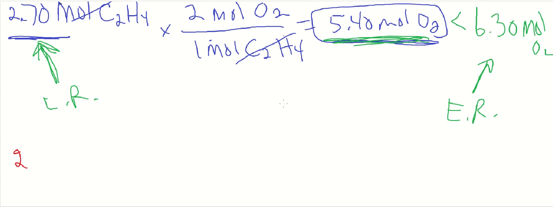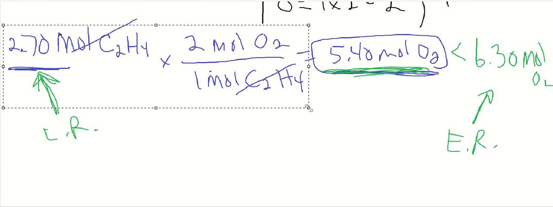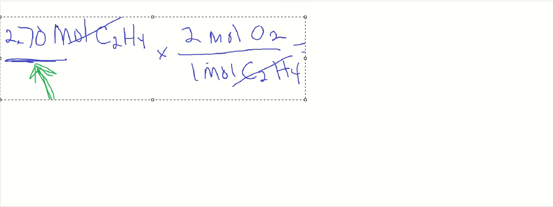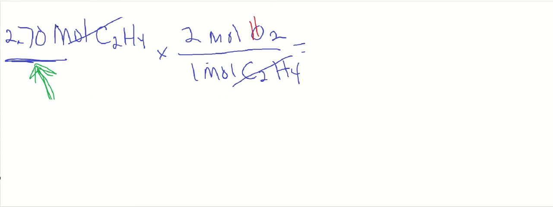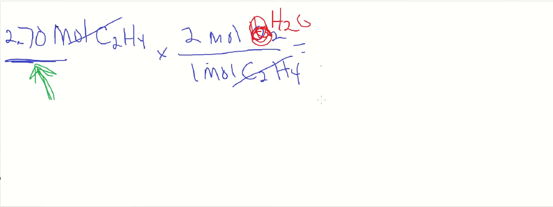So I'm just going to copy and paste, and just change this to H2O. And then the answer is also going to be the same. Just change the label. 5.40.